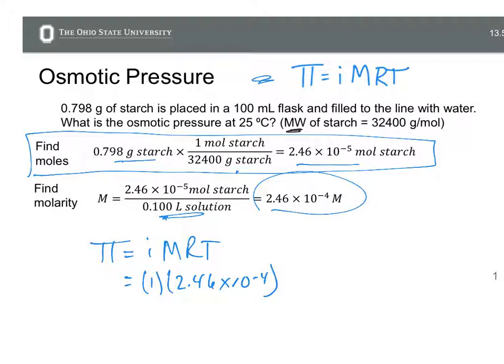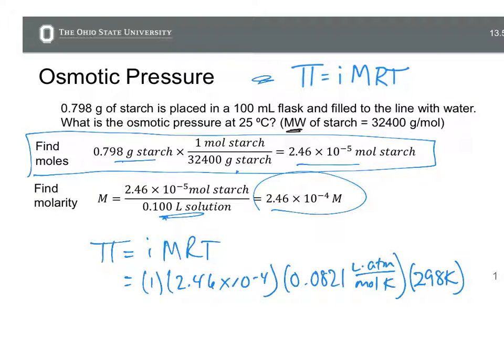And you need to make sure that you're using the right gas constant. And this one is 0.0821 liters times atmospheres over moles times Kelvin. And since we have Kelvin in our gas constant, we need to use Kelvin for our temperature. So 25 degrees Celsius is 298 Kelvin.